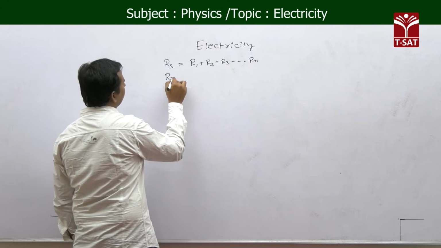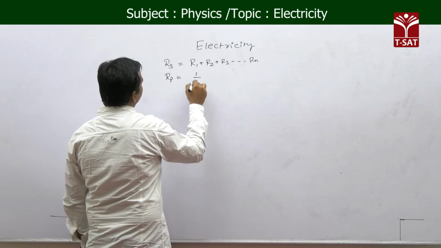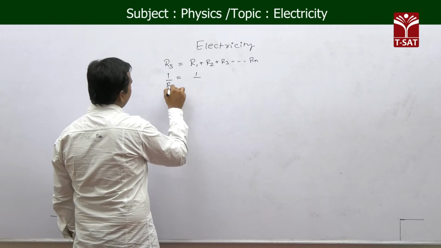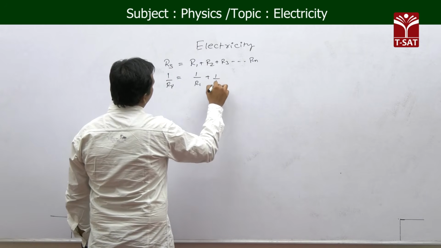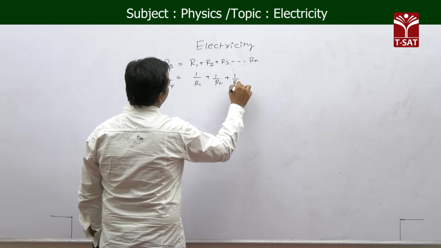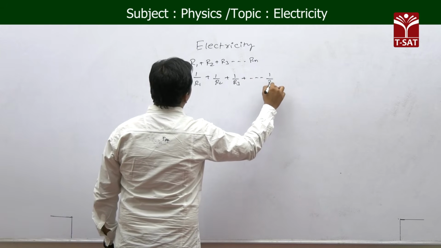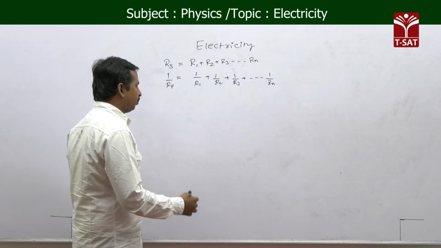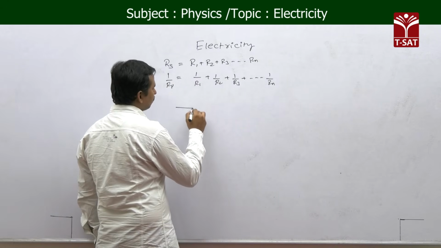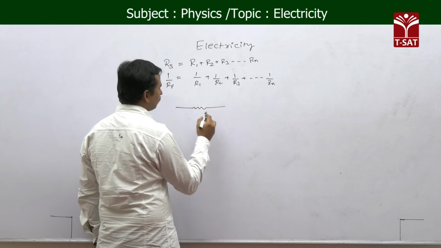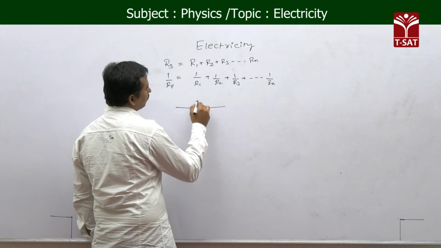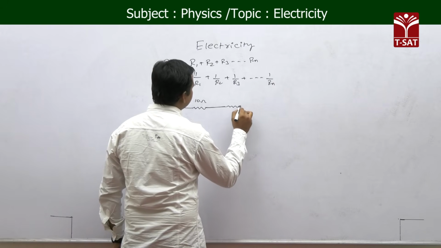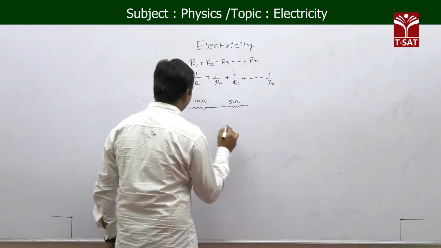Whereas for parallel connection, we get the reciprocals: 1 by Rp is equal to 1 by R1 plus 1 by R2 plus 1 by R3 and so on to 1 by Rn. Now we take an example with a simple circuit with two resistances, one of 10 ohms and another of 5 ohms.